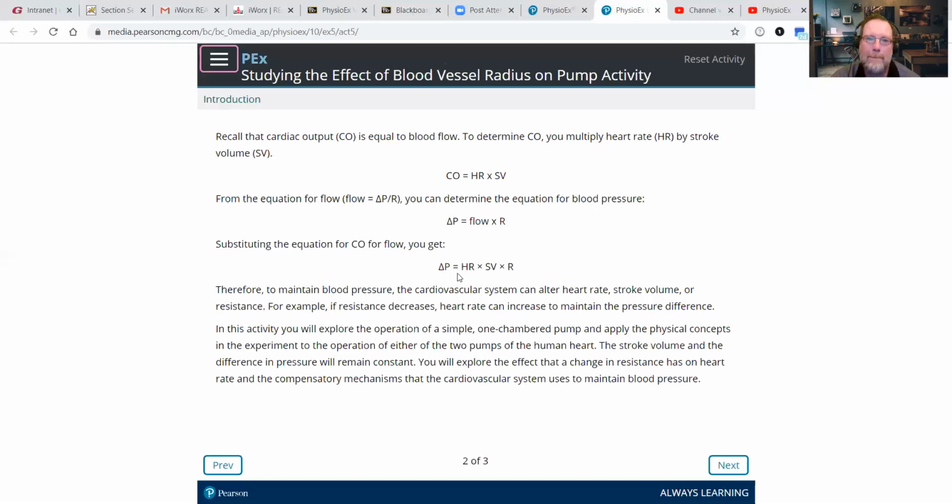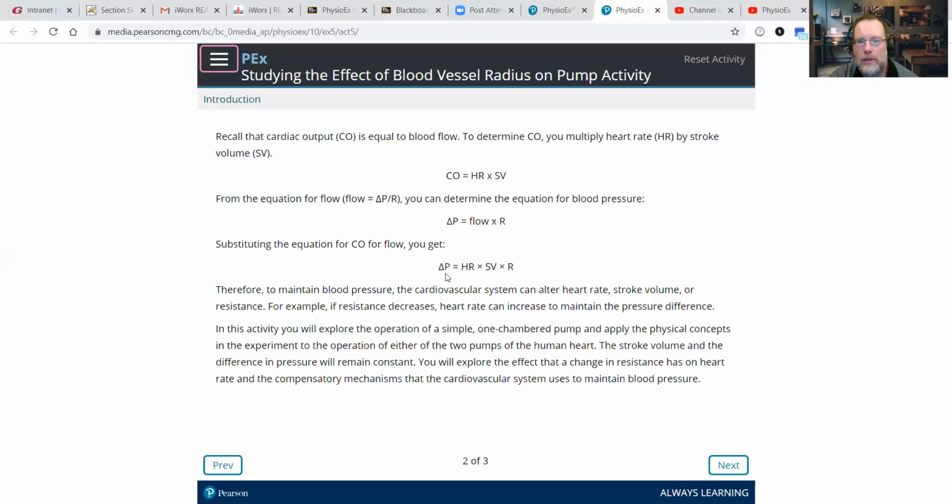If any of these go up or down, then blood pressure will go up or down. If stroke volume and resistance stay the same and heart rate goes up, we're going to see an increase in blood pressure.